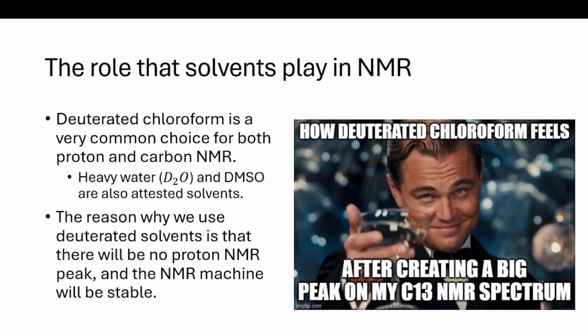In addition, heavy water and DMSO are also solvents that are used in NMR. The exact reason why we use deuterated solvents, deuterium being just an isotope of hydrogen with a spin of 1, is because if we're doing proton NMR, there will be no proton NMR peak. And in addition, it ensures that the NMR machine will be more stable.